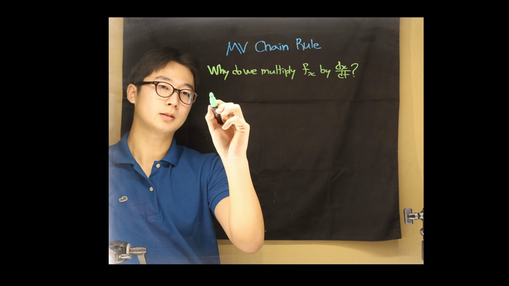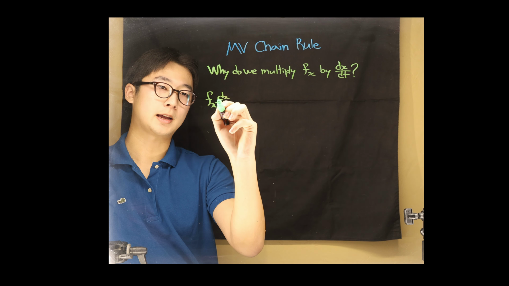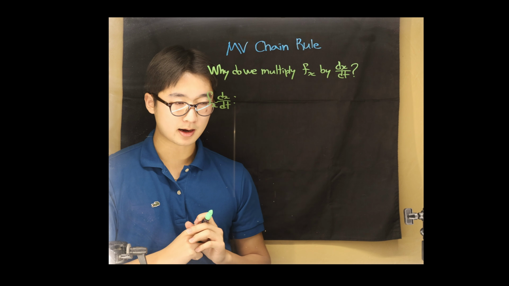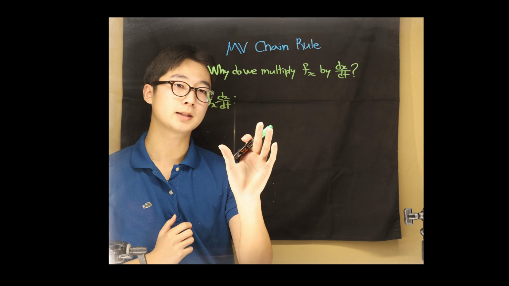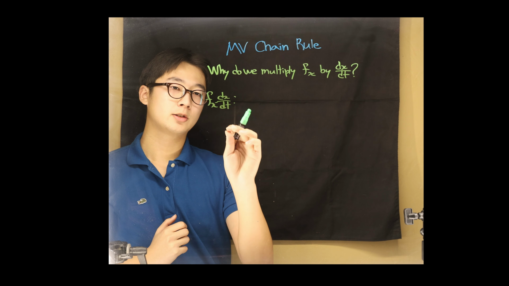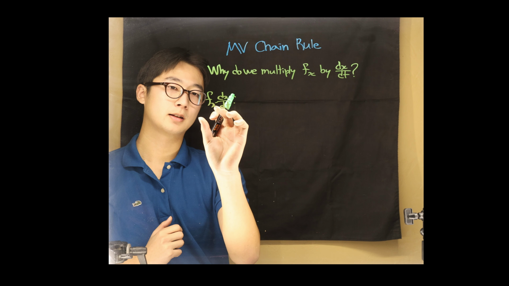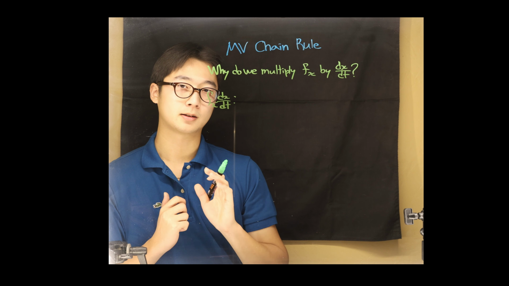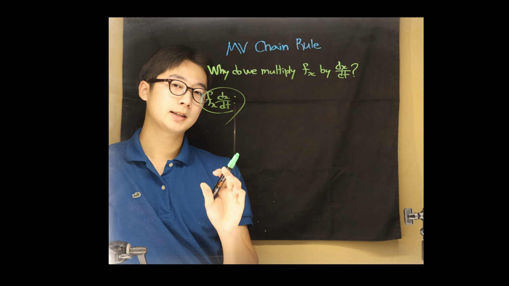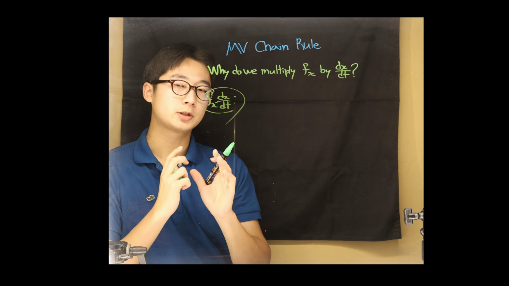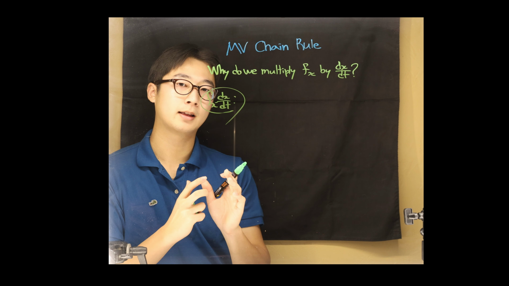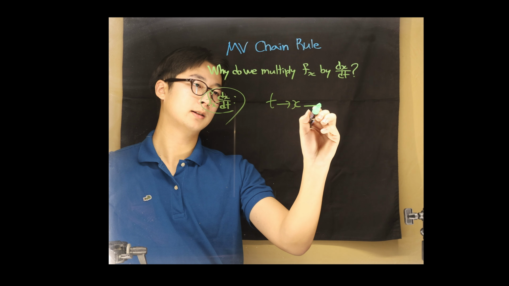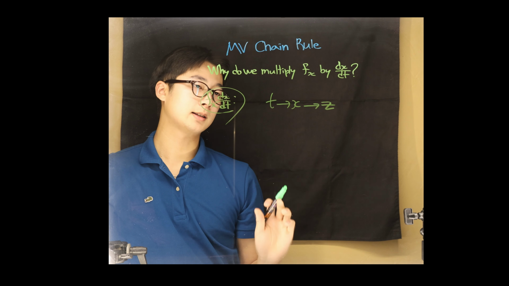So for the x part, partial x times dx dt, we can say in words, this is just the same as change of z over change of x times change of x over change of t, right? So this is just the total rate of change through the path, starting from t to x to eventually z.